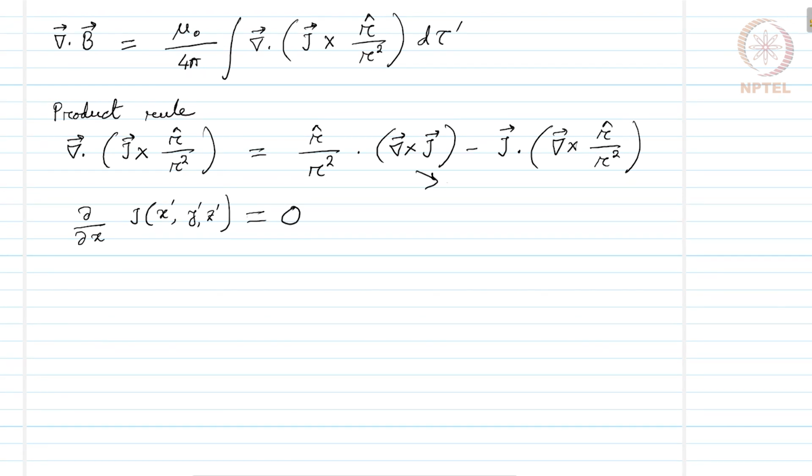Therefore, this quantity is 0. And when j does not depend on any unprimed coordinate, we can set this curl of j equal to 0. And how about the curl of r cap over r squared?